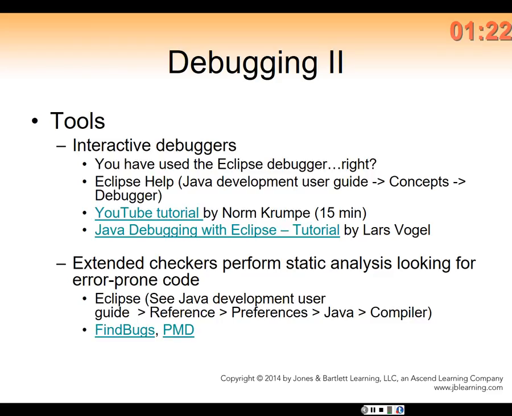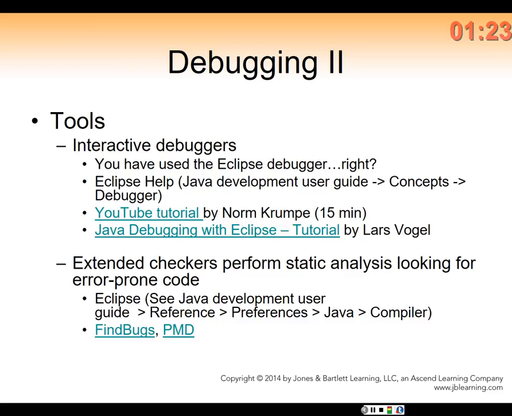Interactive debuggers. I just said you have used the Eclipse debugger, right? I would say one of the best tools to use in this class is the Eclipse debugger. If you're not that familiar with it, you can get some help, and I gave you some links.